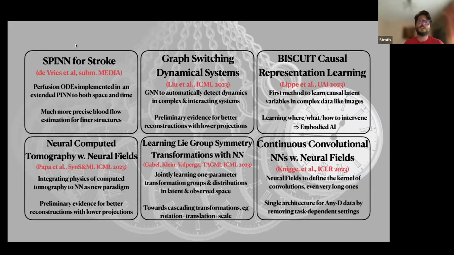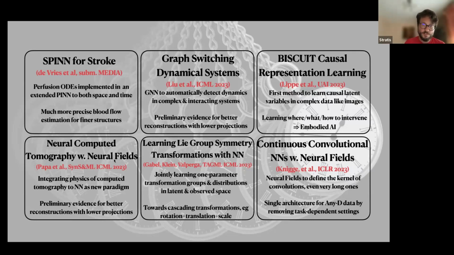In causal representation learning, we're presenting next month BISCUIT, which is the first method to learn causal latent variables in complex data like images. So far, causal representation learning is confined to either very low-scale, unrealistic simulations or to vectorized data, not highly complex data like images.